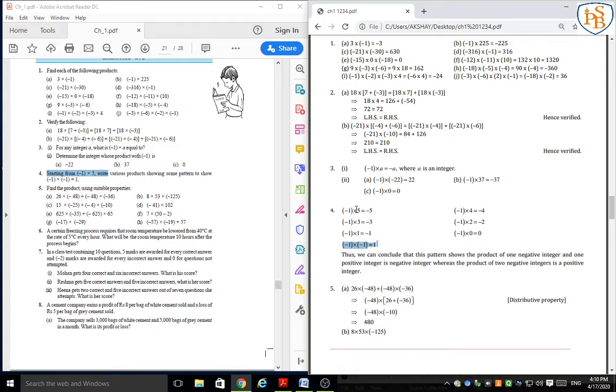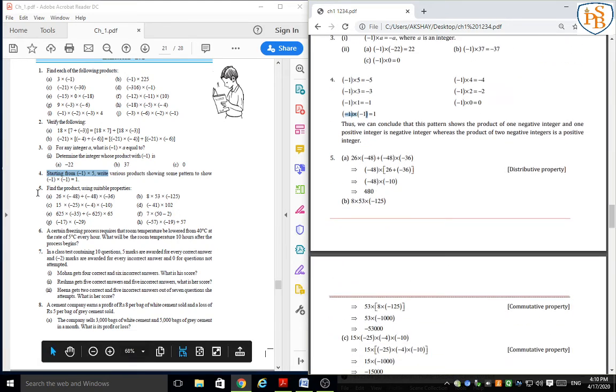But how is it? Look here: 5, 4, 3, 2, 1, 0, afterwards negative 1. That means we have used descending order of the numbers from 5 till negative 1.